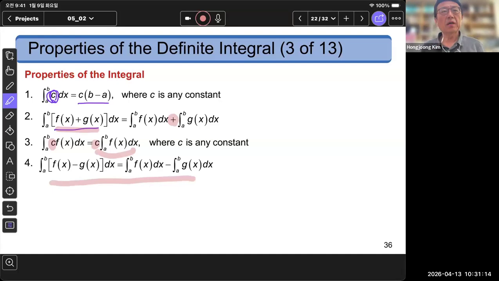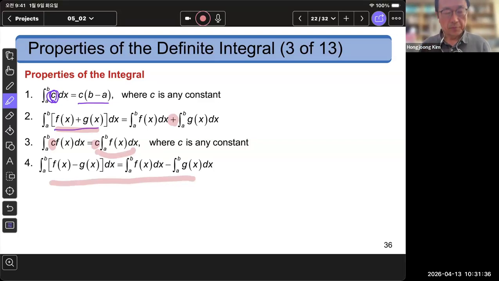Okay, so these are some fundamental properties of the definite integral. If you integrate a constant, you can just multiply c times b minus a, the upper limit minus the lower limit, times the c value.